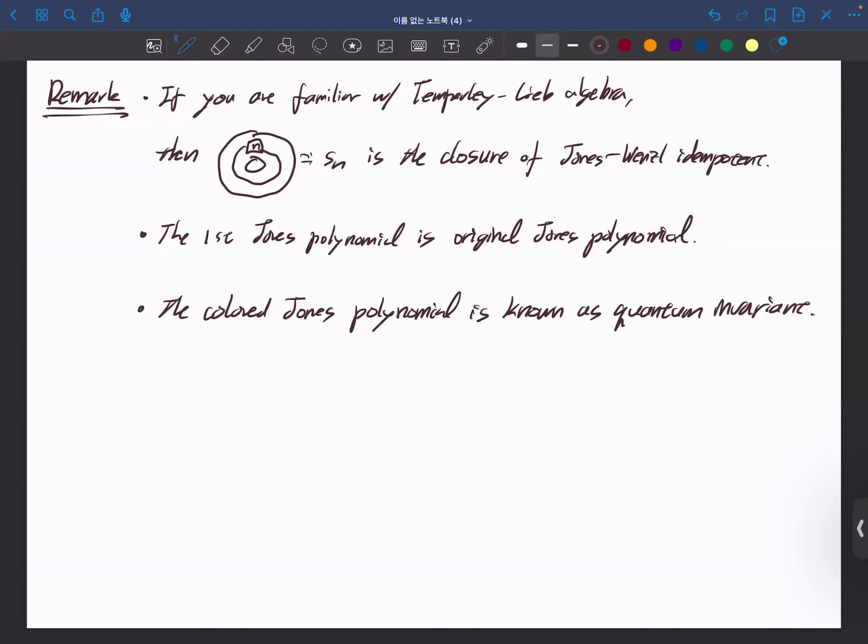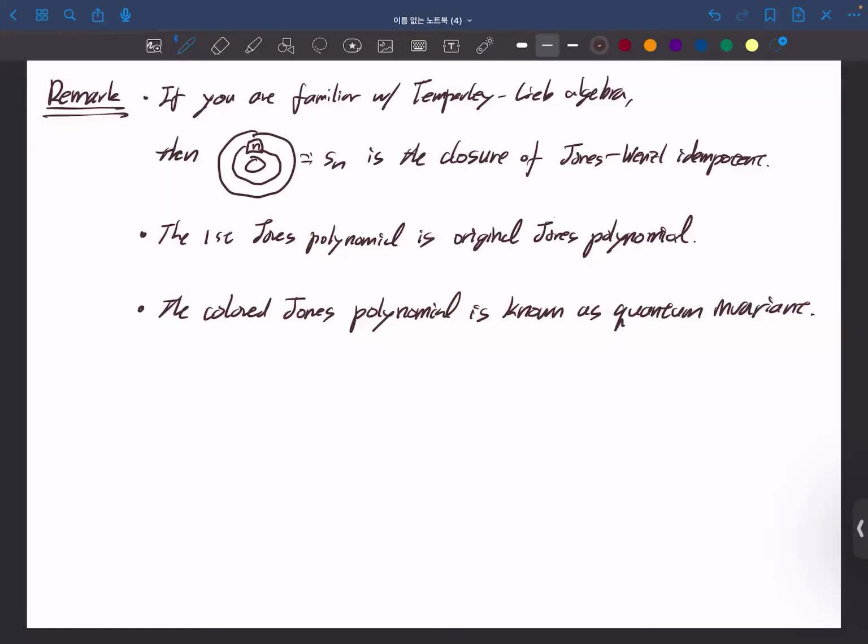Why? The simplest reason is, as I said, the colored Jones polynomial can be defined by representation theory with quantum groups. More precisely, a quantized version of the Lie algebra of the SL2(C) Lie group. So in that sense, it is called a quantum invariant.